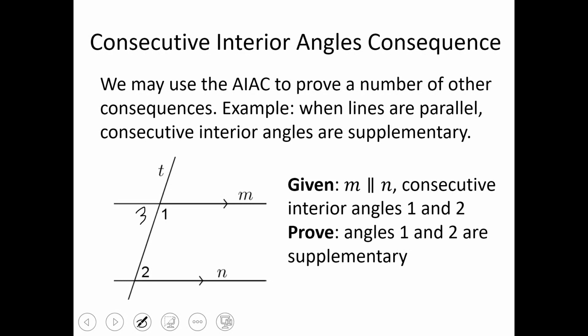So we have two angles, namely 2 and 3, both supplementary to the same third angle, namely 1. By the same supplements theorem, it follows that angle 2 is equal to angle 3. But angles 2 and 3 are alternate interior. So we now have equal alternate interior angles, which implies by the alternate interior angles consequence that our lines are parallel. So very, very straightforward. And the other consequences that you will prove on the problem set are no more difficult than this.